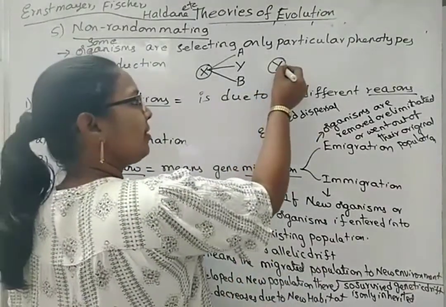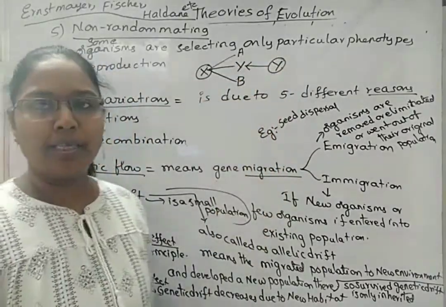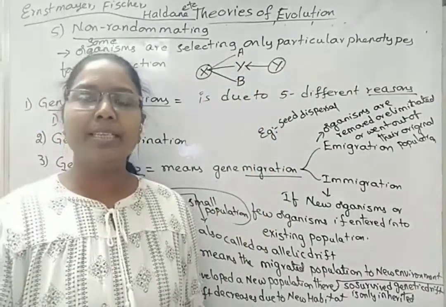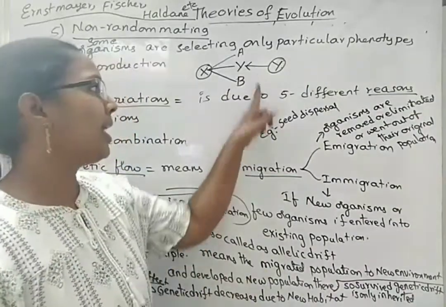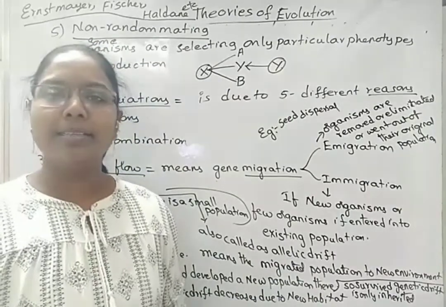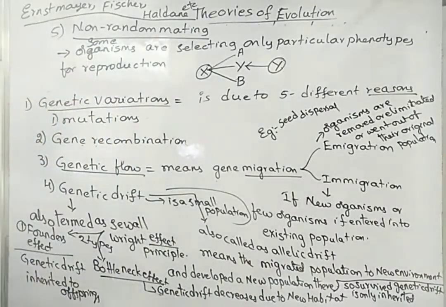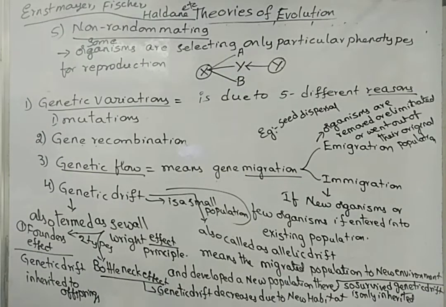But Y type of bird will mate only with another Y type of bird. It means that if such mating has happened, obviously the number of organisms will be less in the next generations. So this is about genetic variations.